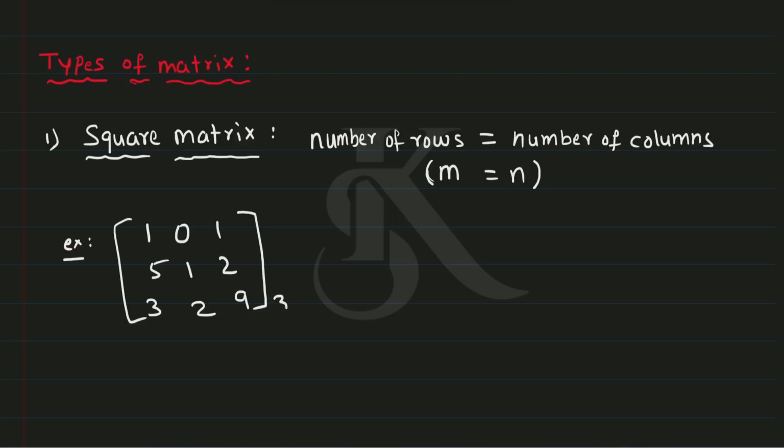Here it is m, here it is n. So rows are 3 and columns also 3. So this matrix is called a square matrix. Take a screenshot.